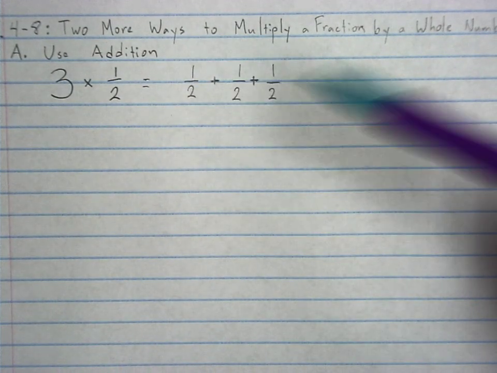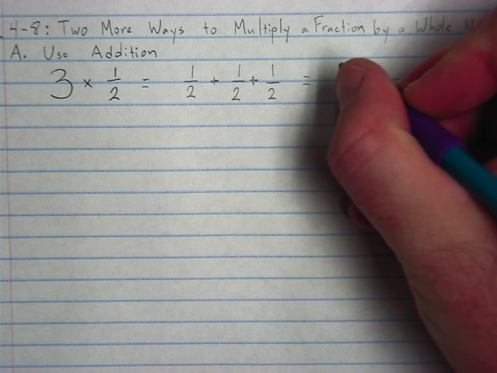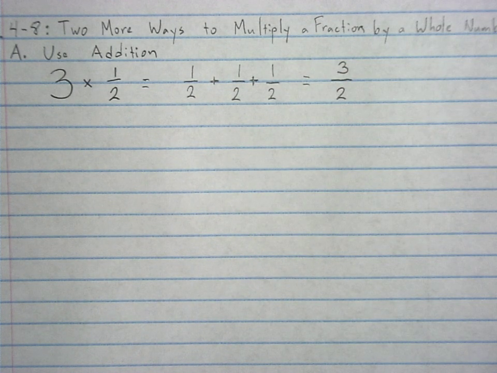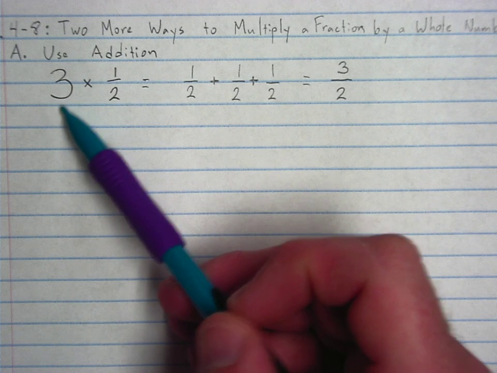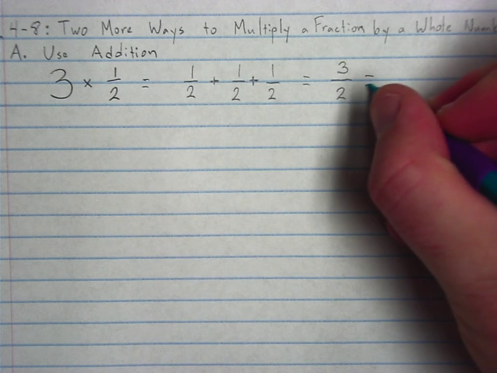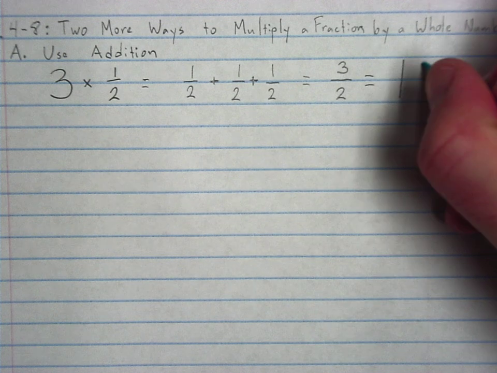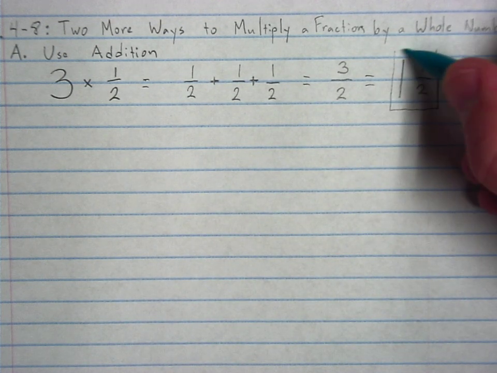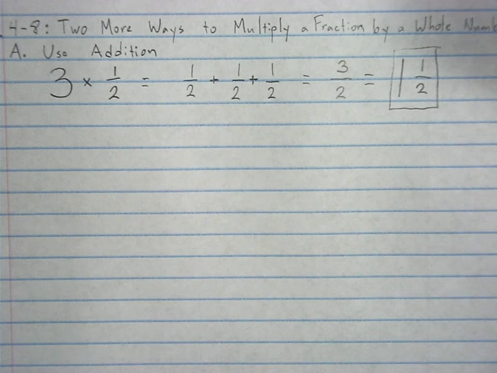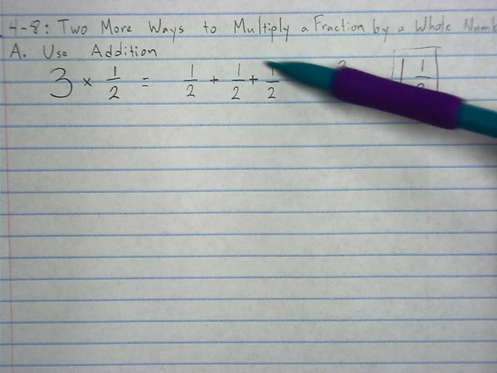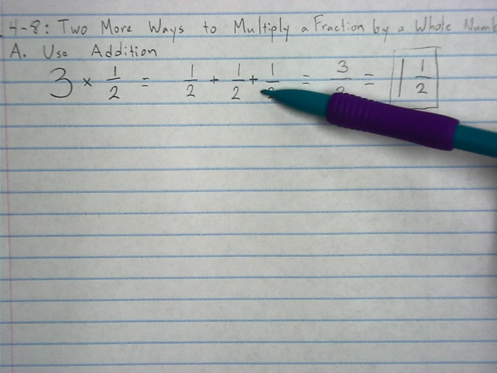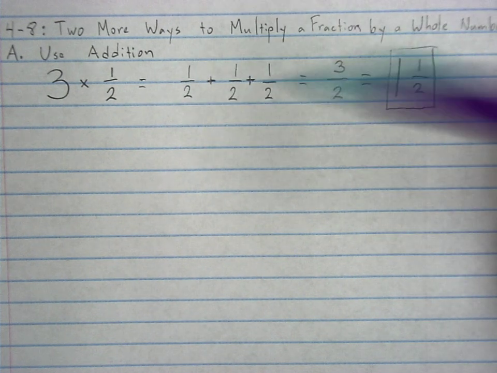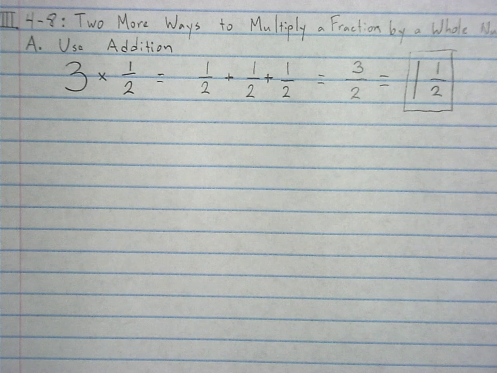So 1/2 plus 1/2 plus 1/2 equals 3 halves. That looks familiar. If we were to change that into a mixed number, we would have 1 and 1/2. A tape diagram helps us visualize this. We won't draw one right now, but if you can imagine these two halves coming together as a whole, plus another half, whatever works.